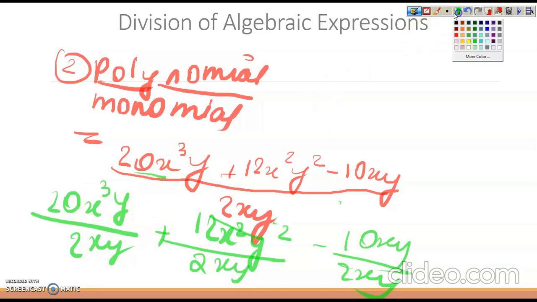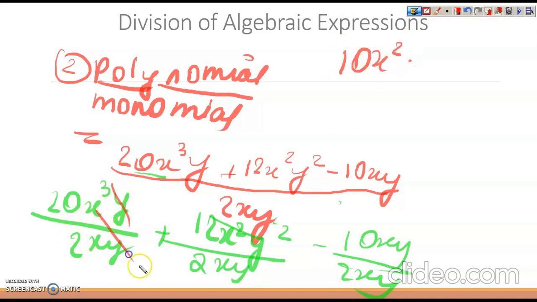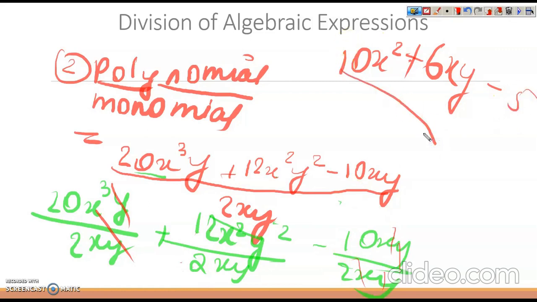So when we do this, we get 10x cubed divided by x squared, y cancels, plus 12 divided by 2 is 6, x squared divided by x and y squared divided by y, minus xy cancels here and we get 10y. So this will become our answer.